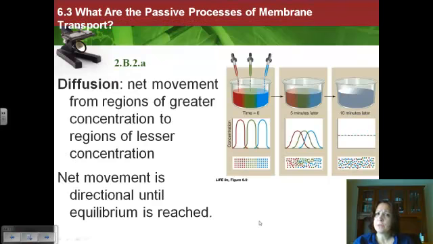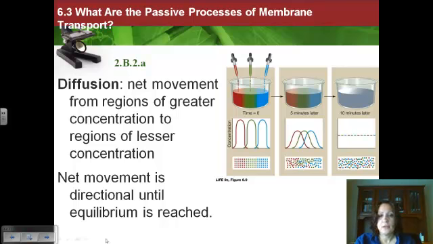Okay, the first type of passive transport, I think most students have a handle on. It's pretty intuitive, and you've experienced it, and you're familiar with it, and that's just diffusion. So molecules move from where there are more of them to where there's less of them. And it goes along with our entropy from the last unit. Things are going to go to randomness or to disorder.